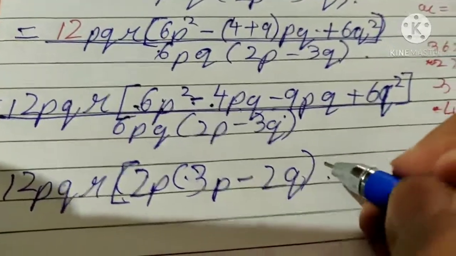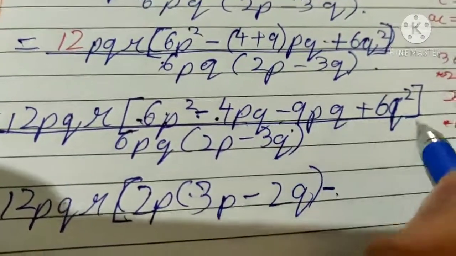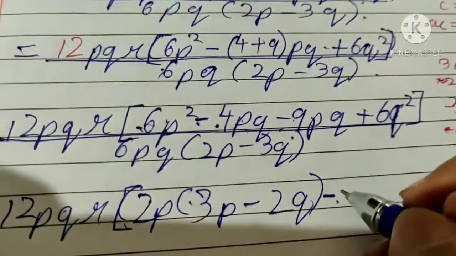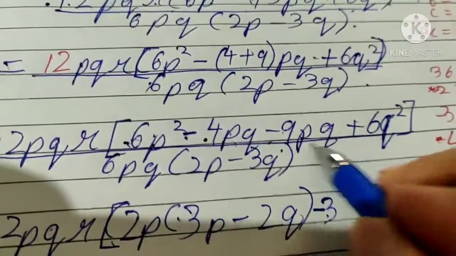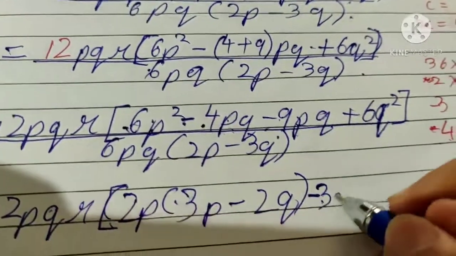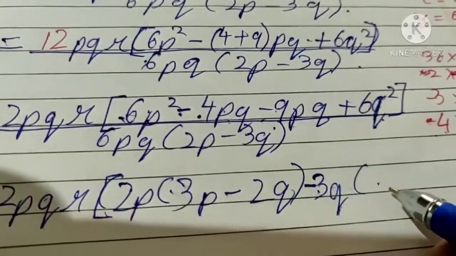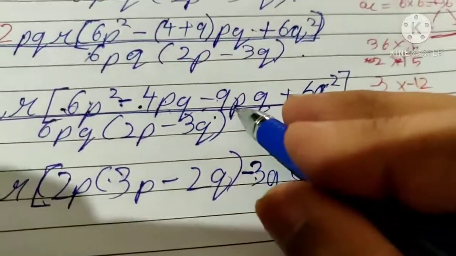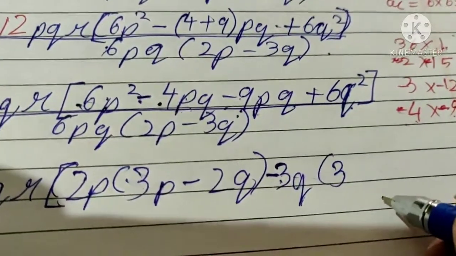Again, moving further, out of the last two terms, between 9 and 6, if we see minus, we can take 3 as common. We will take minus 3 common, and out of pq and q square, you can take q common. Taking 3 common out of 9, you are left with 3.